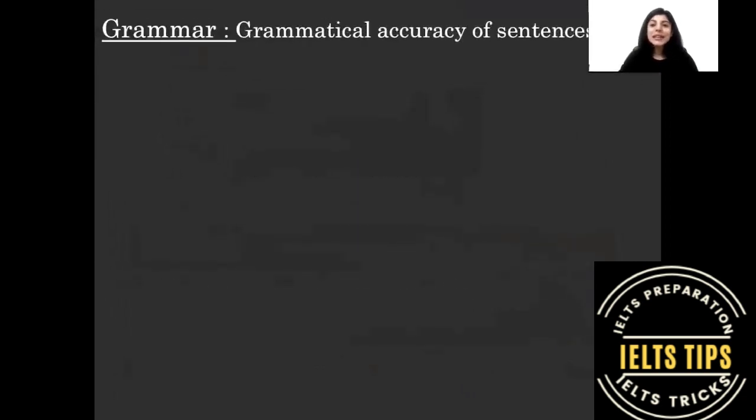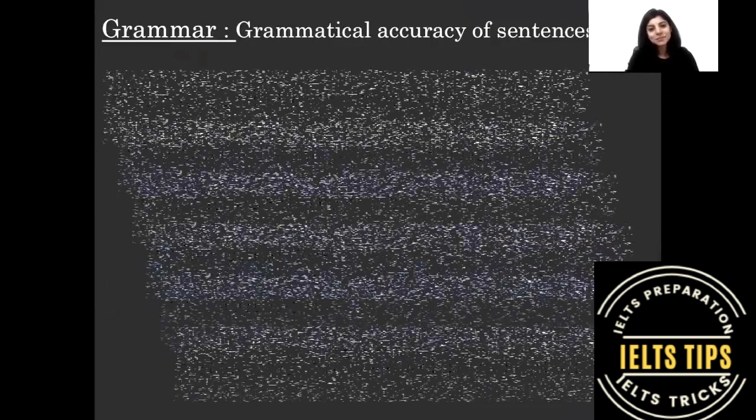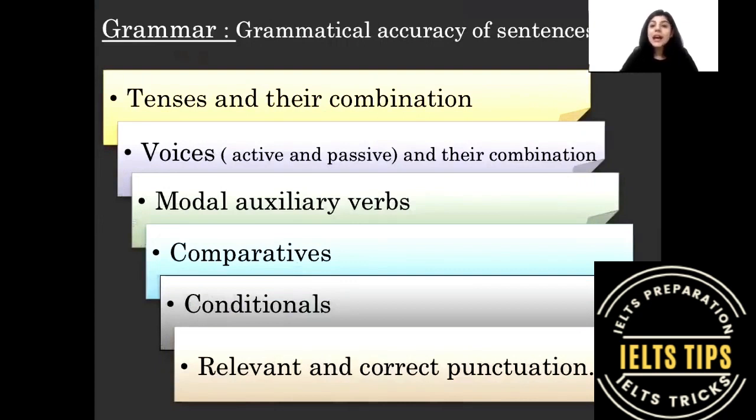All right, the criterion of grammar is judged on grammatical accuracy of sentences. As in, how correctly are you able to use tenses and their combination, correct voices and their combination, modal auxiliary verbs, comparatives, conditionals, relevant and correct punctuation.